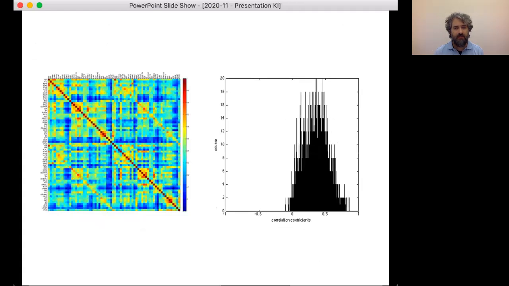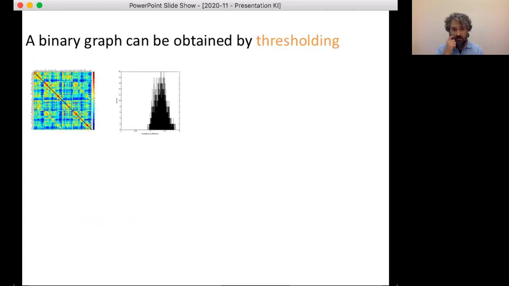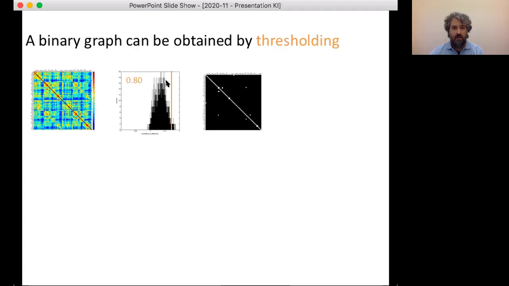What we often do in the analysis is threshold it to transform it into a binary matrix. So the thresholding works like this. We have this weighted connection matrix with this histogram, and we choose a certain threshold, for example 0.80, which gives us a corresponding binary correlation matrix and corresponding graph.